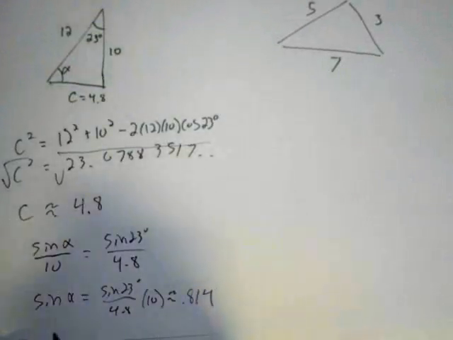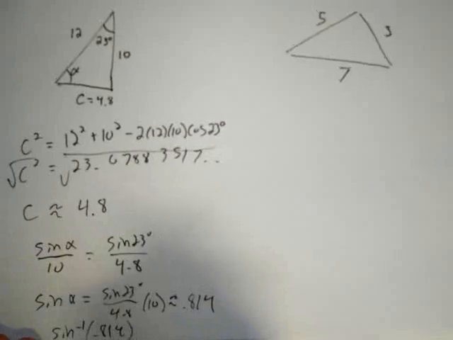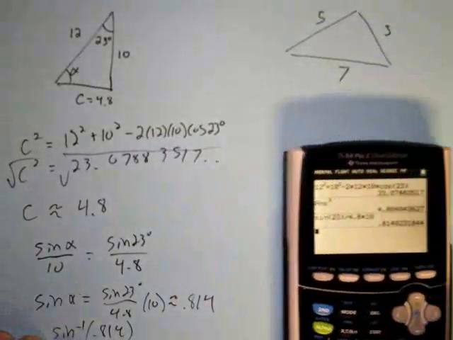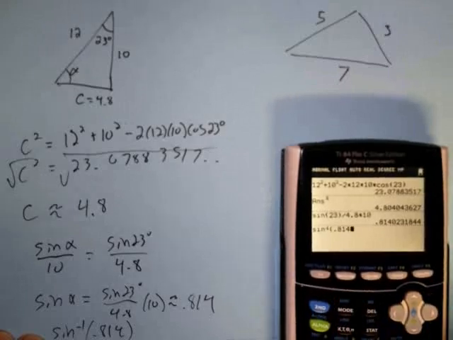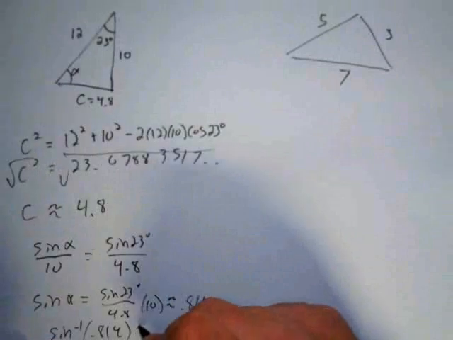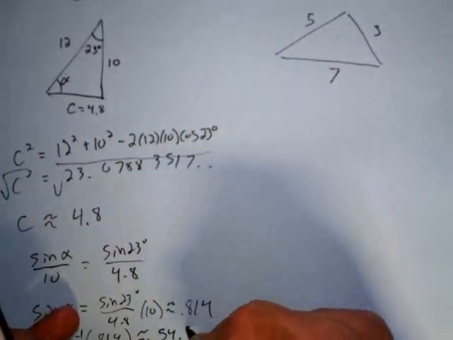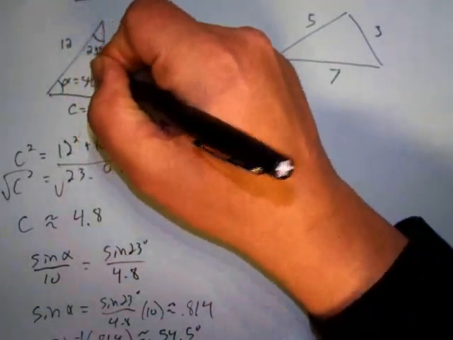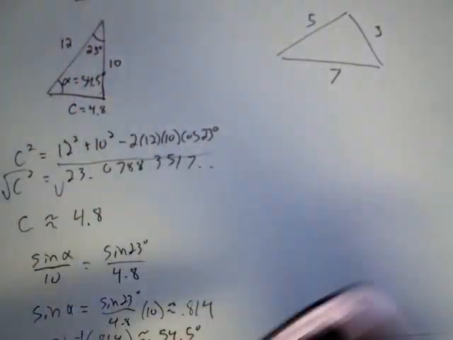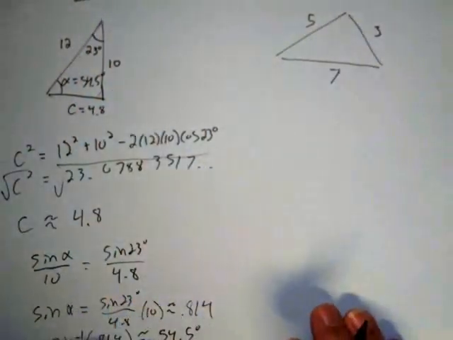Then I could do sine inverse of 0.814, and I get about 54.5 degrees. And that would be reasonable here. You could get the other angle by subtracting from 180, and then you've solved the triangle.